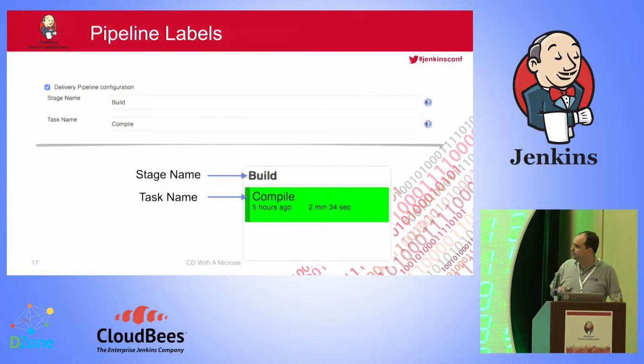This also illustrates how the actual job appears in the UI. This is a job that's completed successfully, so it's green, and it gives you some of the timing information.